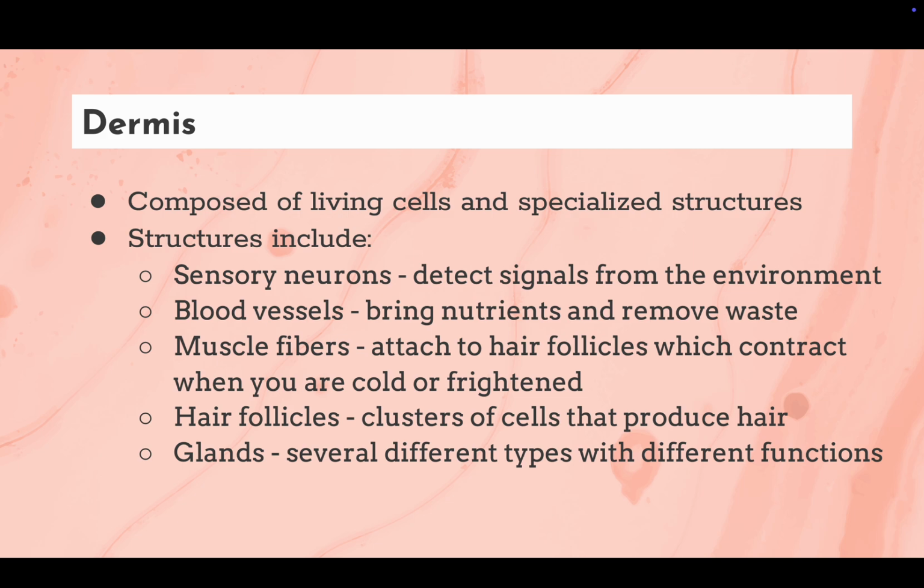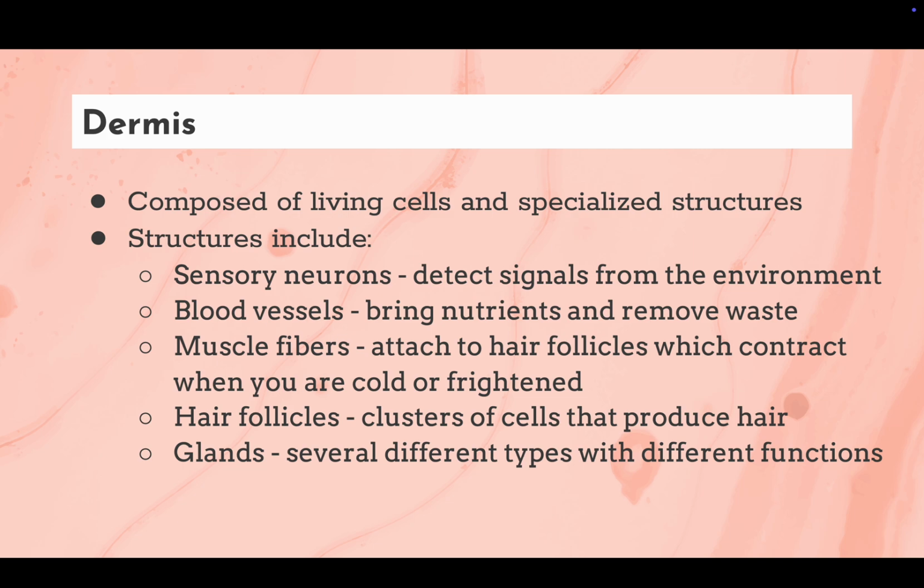If you feel something hot, or if something touches you, that sends information to your brain for analysis. There are also blood vessels in this layer. So when you get a cut, if you're not bleeding, that means it only cut the epidermis. But if there's blood coming out, you've reached the dermis, because blood vessels are in this layer.